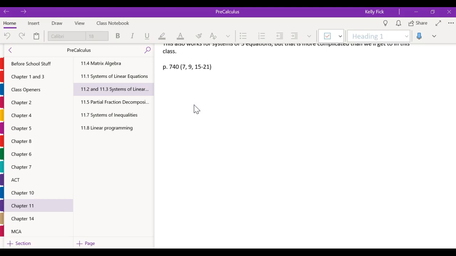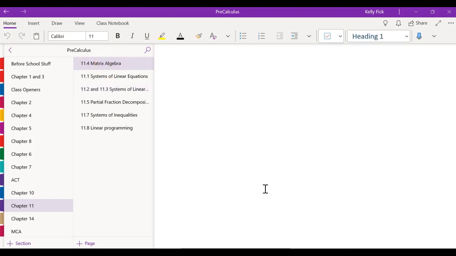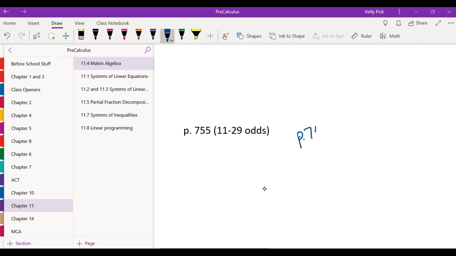Page 740, I want you to do 7 through 13 odds. So page 740, add 7 through 13, the odds. Yep. I am, so just 1 second. 740. I said 7 through 13 odds.